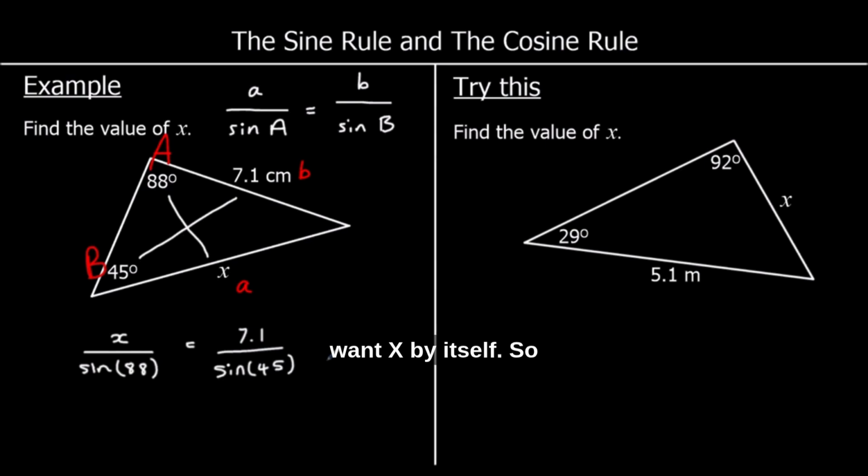We want x by itself, so we multiply both sides by sine 88.